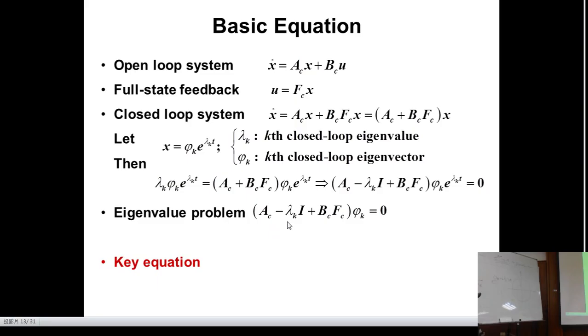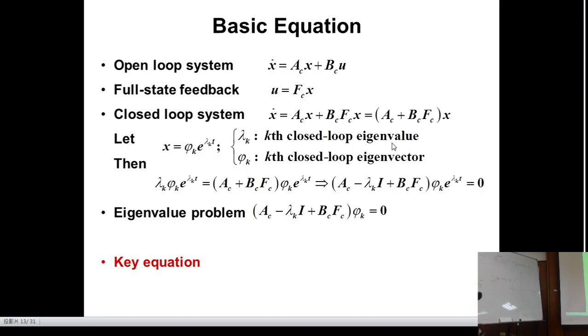Lambda k, we got lambda k from this. Lambda k is a closed loop eigenvalue, it is the desired closed loop eigenvalue. This is lambda k here. As a closed loop eigenvalue, we can assign, just like what I showed you earlier. This closed loop eigenvalue, you can assign eigenvalue for it.